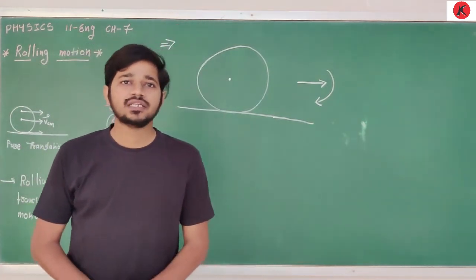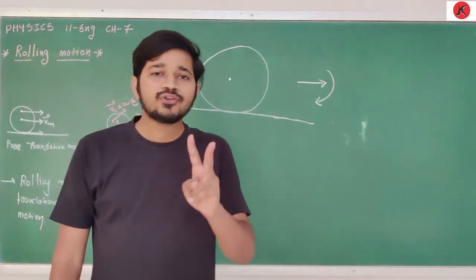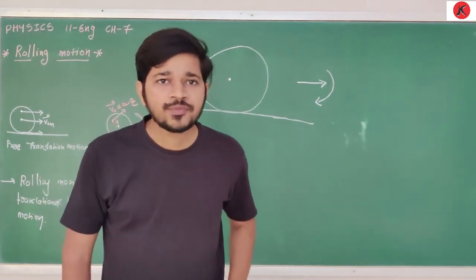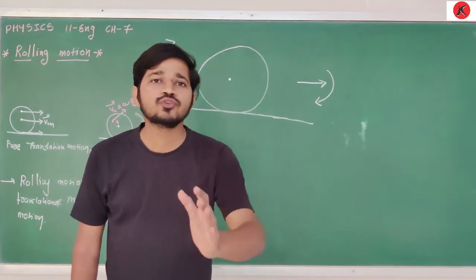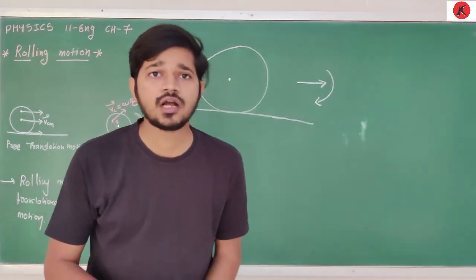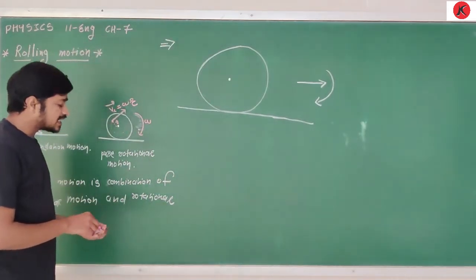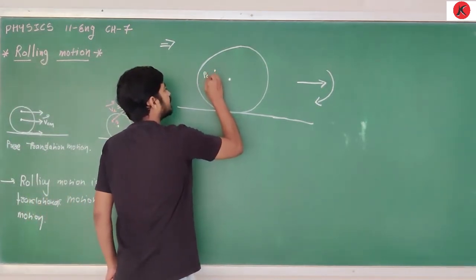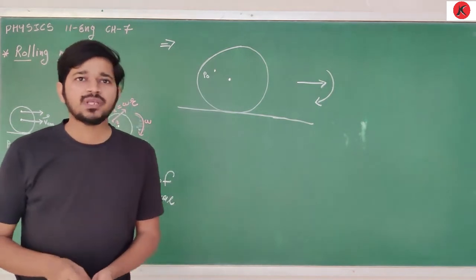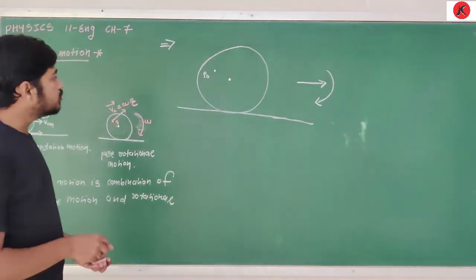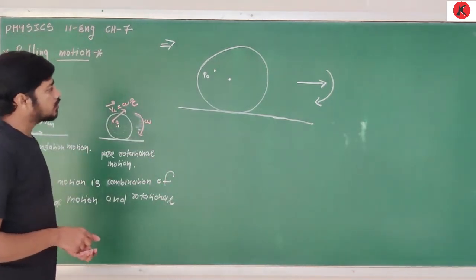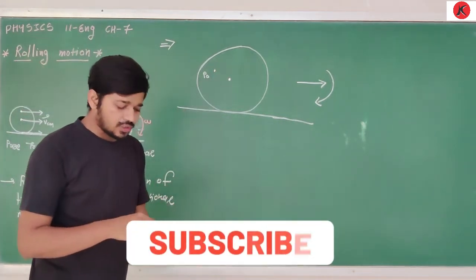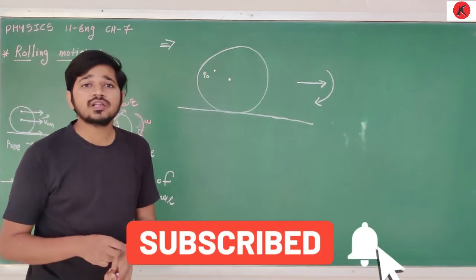Now in case of rolling motion, what happens? Each and every particle is under the effect of two types of velocity. One velocity due to translational motion and one velocity on account of rotation. For example, if I am taking one particle here, that is P0, then due to this rolling motion, for point P0, you will have two types of linear velocity.